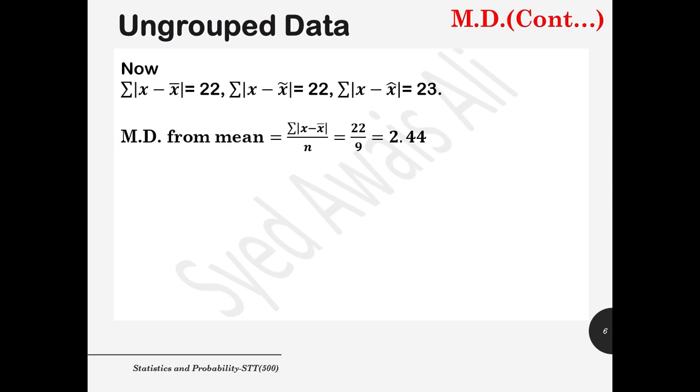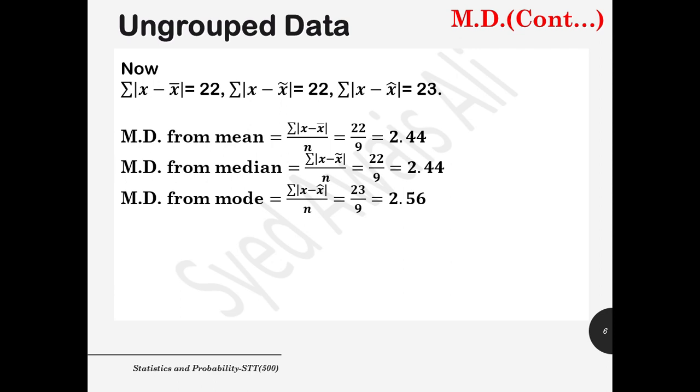The formula for mean deviation from mean is summation absolute x minus x bar divided by n, 22 by 9, that is 2.44. Then we have mean deviation from median. We put in the values and find all the mean deviations from mean, median and mode. So 22, 22. Then mean deviation from median is 22 by 9.